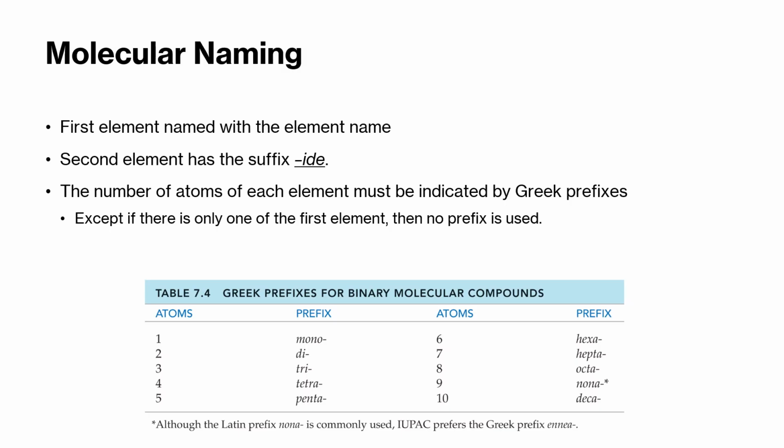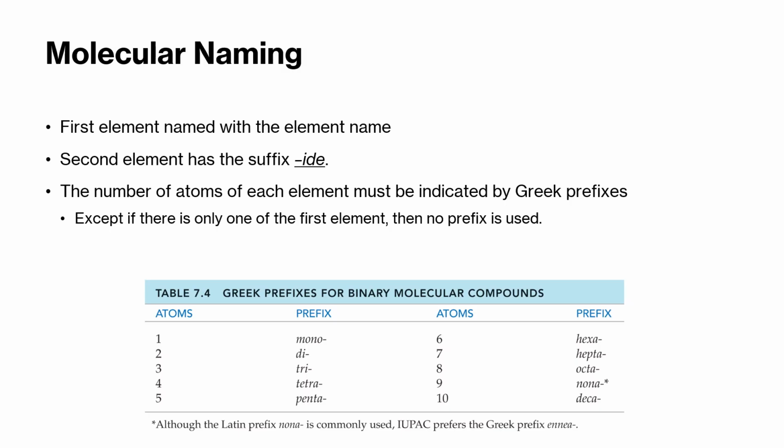The one exception to indicating the quantity of the number of atoms present is if there is only one of the first element present, then no prefix is used. The other thing that I want to explicitly state on this slide is prefixes are only used for molecular naming.